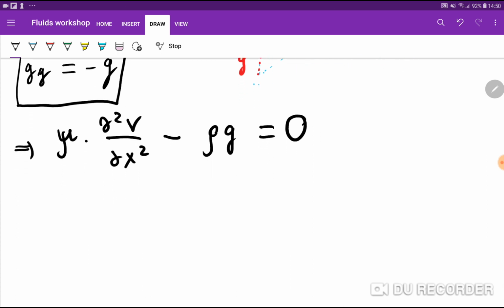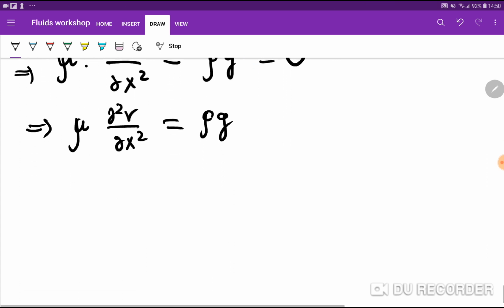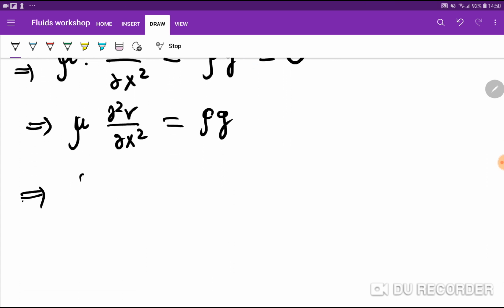Now let's make sure the second derivative term appears on one side so we can start solving. Let me rearrange a bit: mu times partial squared v over partial x squared equals rho chi. So partial squared v over partial x squared equals rho chi over mu.